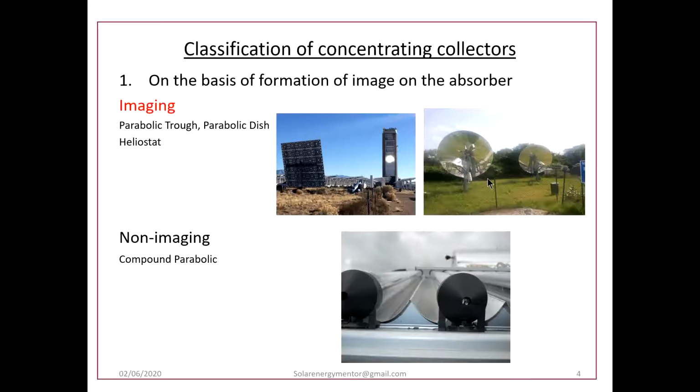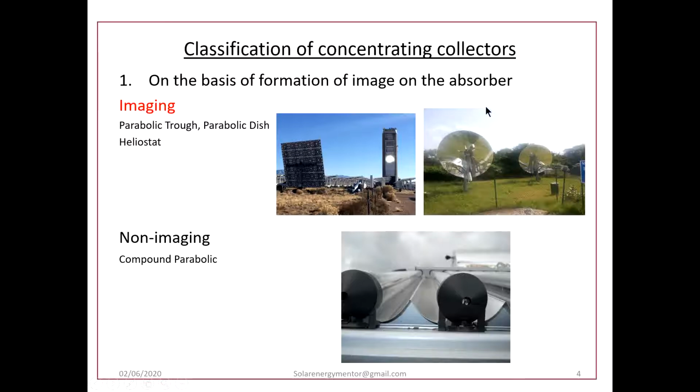Now classification of concentrating collectors. How do we classify the concentrating collectors? Maybe on the basis of formation of image on the absorber, we can classify as imaging collectors such as parabolic trough and parabolic dish. So this is a parabolic dish.